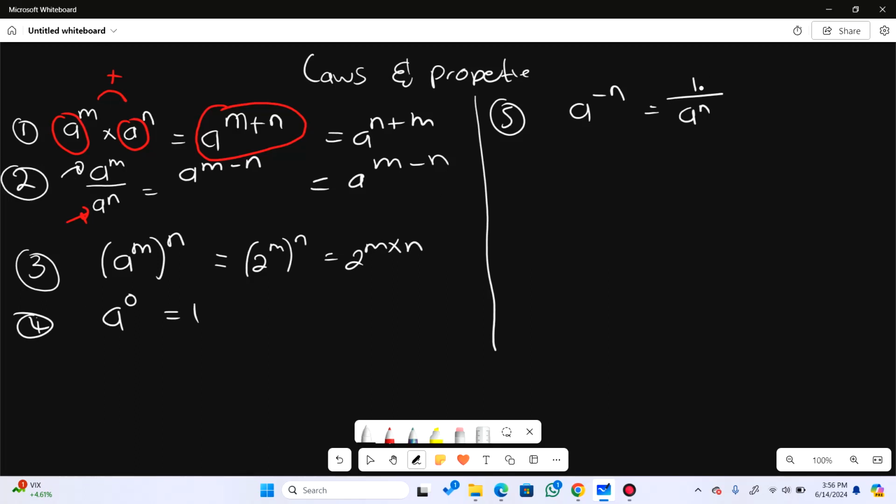We said that to get 1, it can be any base raised to the power 0. So now let's make the base a, because we want to subtract.